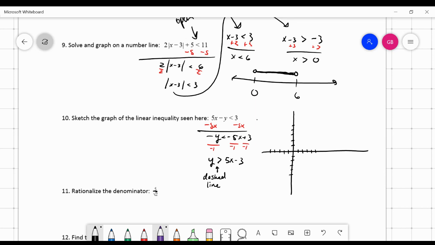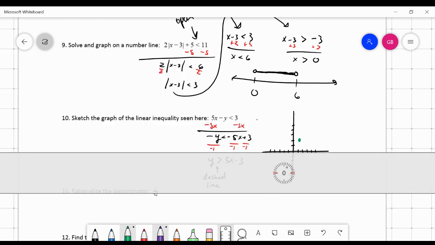Okay, so here's my graph. My y-intercept is -3, which is down here. And then my slope is 5, so I'm going to go up 5, run 1. Okay. And again, make sure you draw a dashed line.